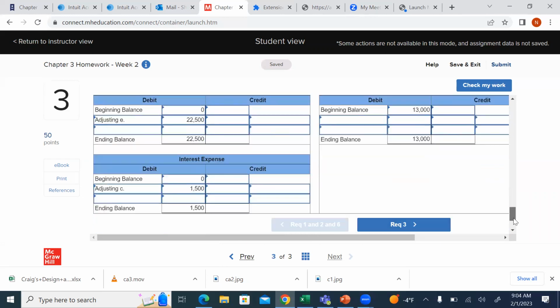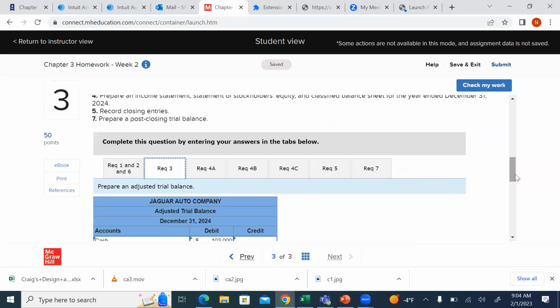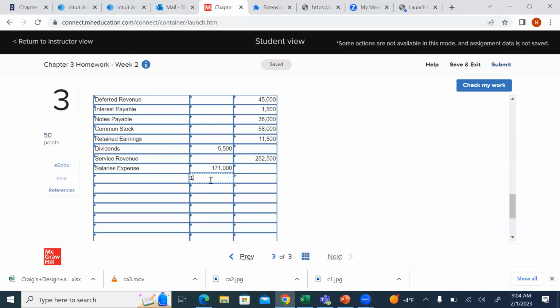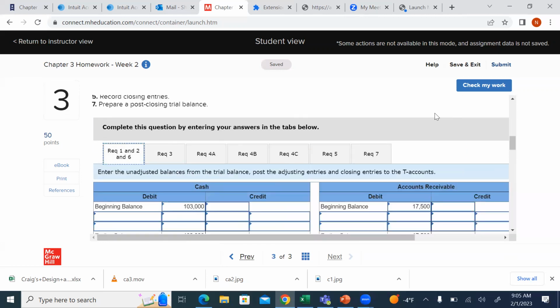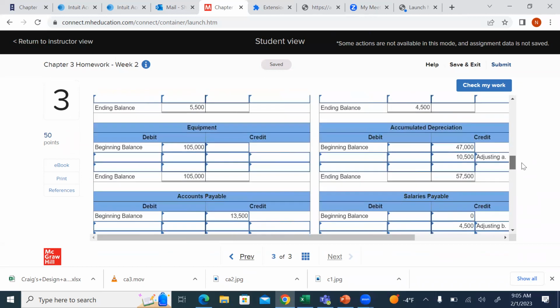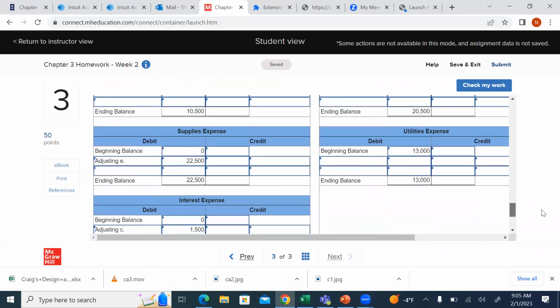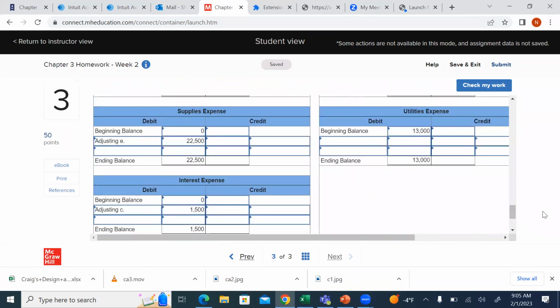Insurance, 25. Supplies expense, 22.5. Utilities expense, 13.